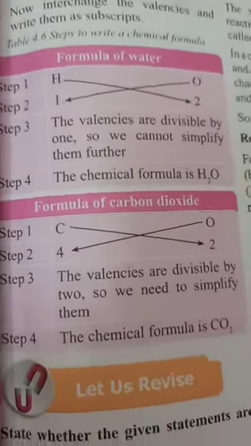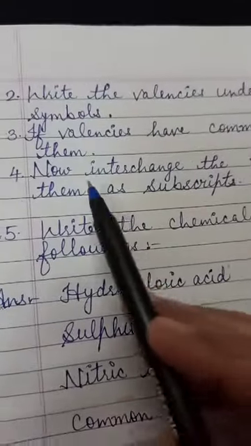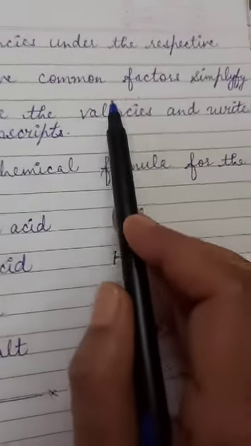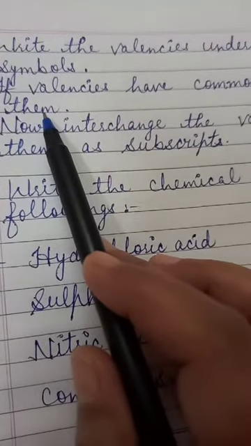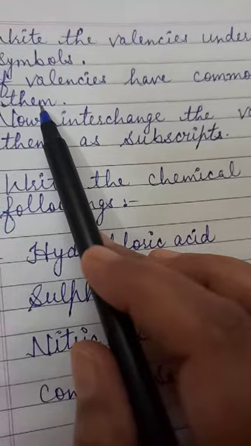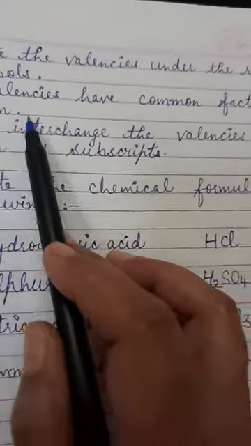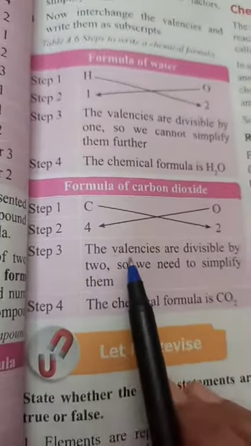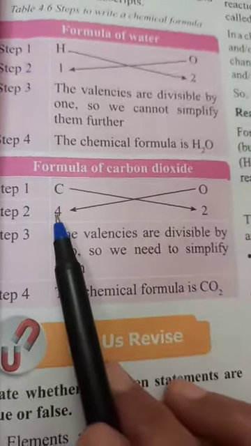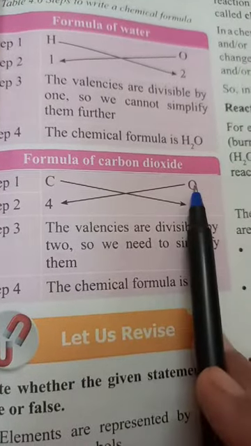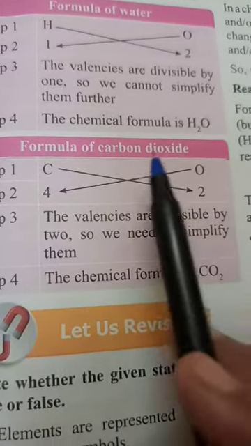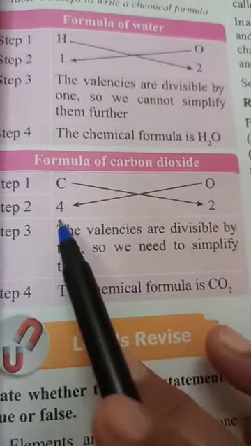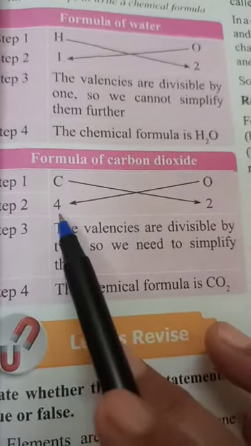But the third point is, if valencies have common factors, simplify them. You know that we have to simplify the factors also. See, you can see this from the book also. When we write the formula of carbon dioxide, the constituents are carbon and oxygen, and the valency of carbon is 4 and the valency of oxygen is 2.